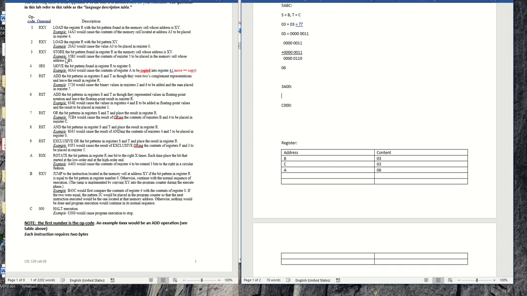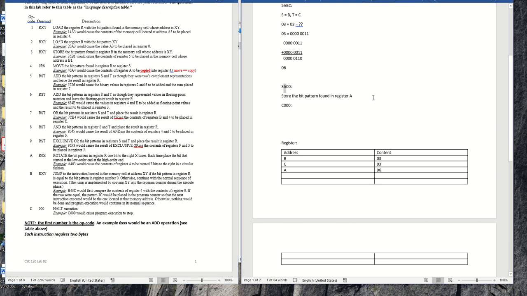Last thing we need to do is store the bit pattern found in register R in the memory cell whose address is XY. So store the bit pattern found in register A. So A aligns with R, since it's the second digit here, second value in my instruction.